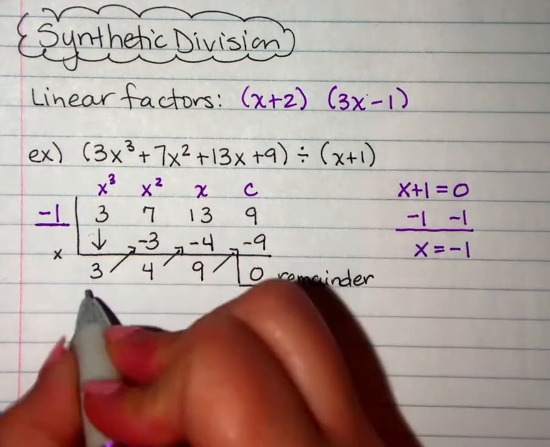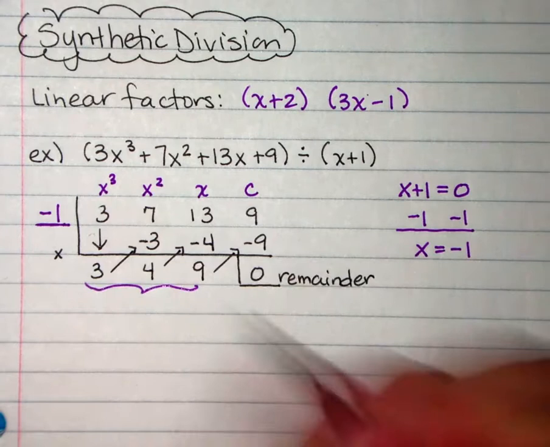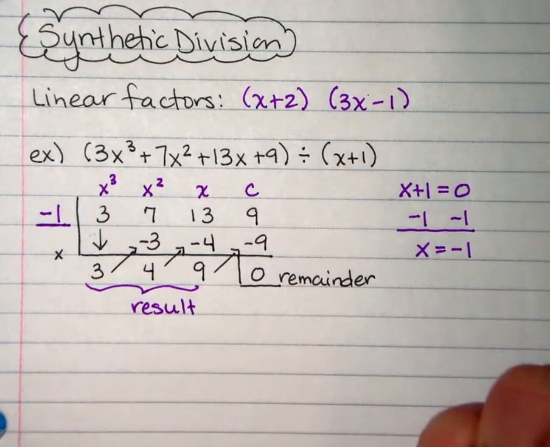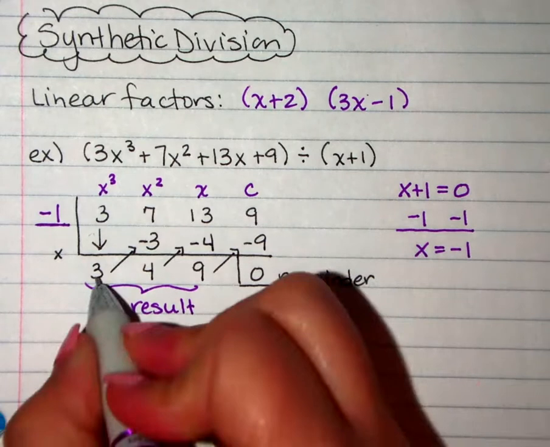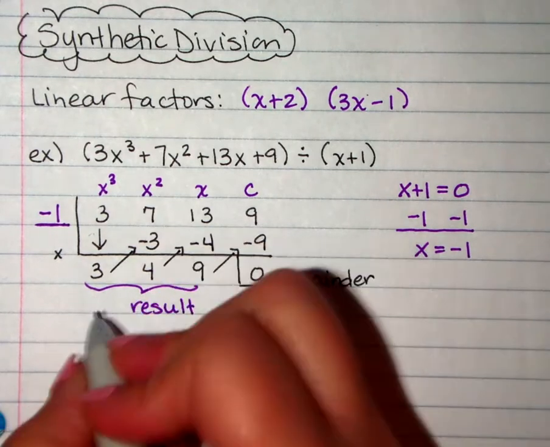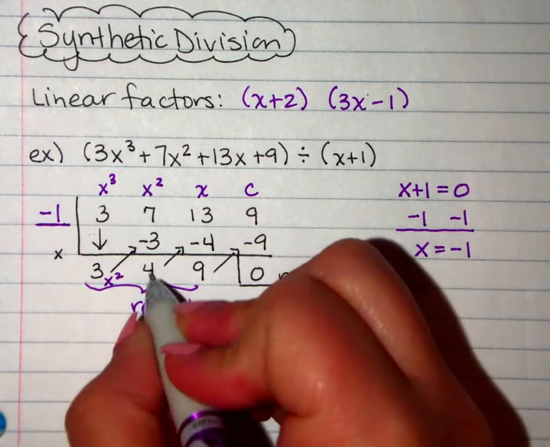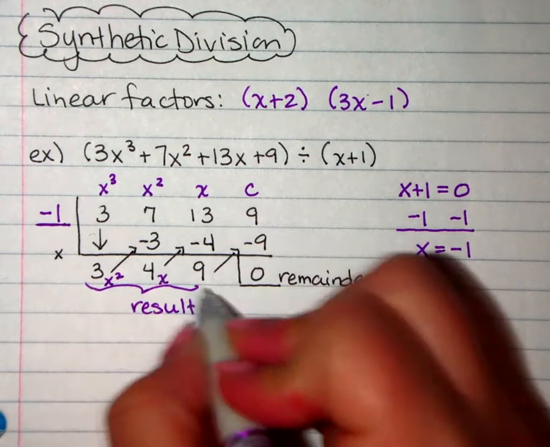This result is 1 power less. So this 3 is going to end up being the coefficient on the x squared term. The 4 is the coefficient on the x, and this 9 is going to be my constant, with the last digit here being my remainder.